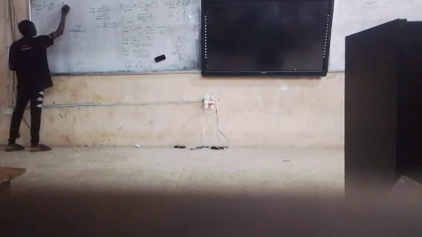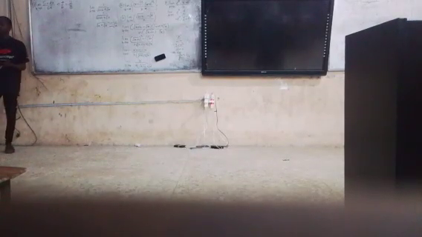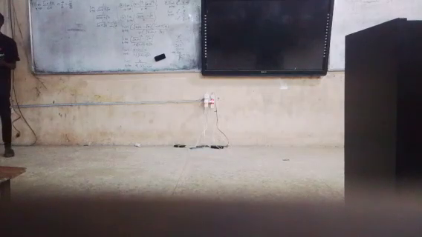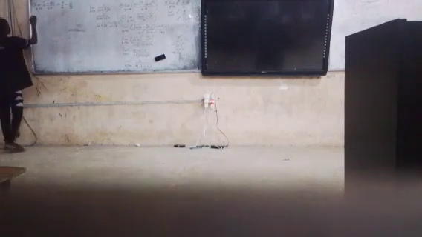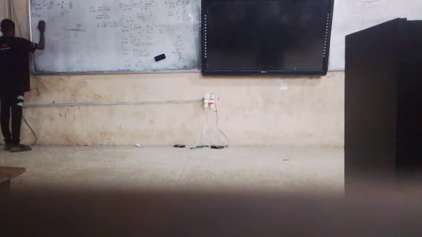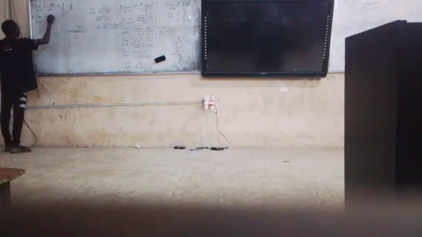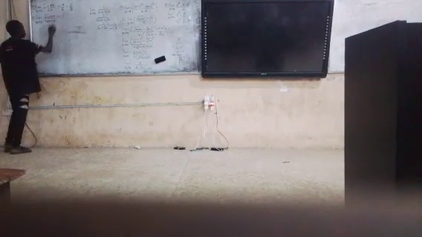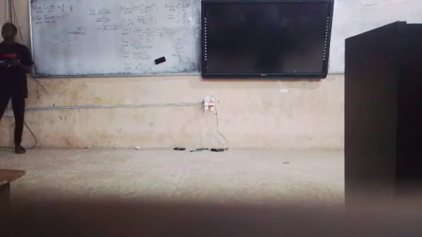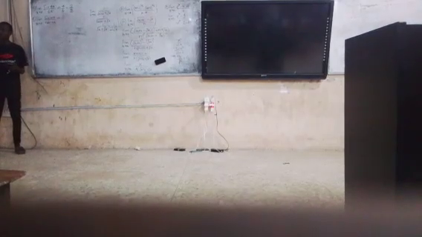Next question, please. Question 7. Limit as x tends to 0 of sin mx over tan nx. Now here, as I said, that trick only works when you are dealing with these functions.